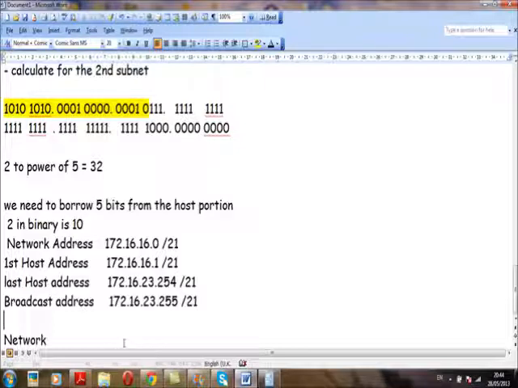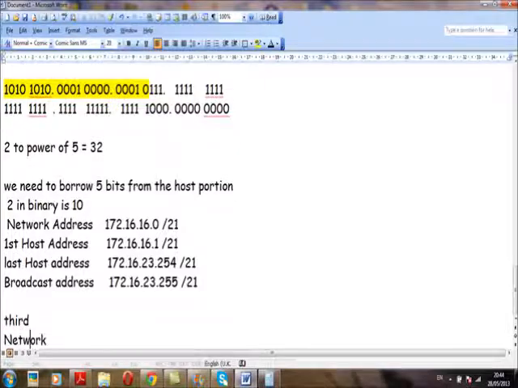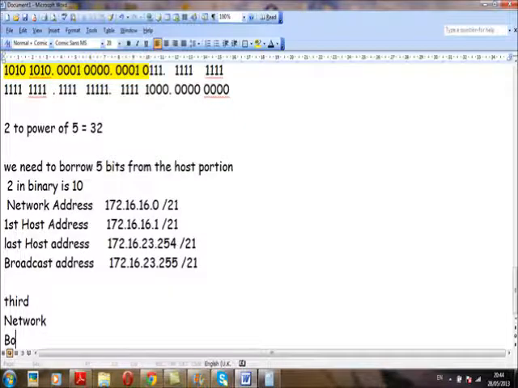The third network would start, let's do the third network so you can see. So the network address would be 172, and this is by just incrementing this value by 1.